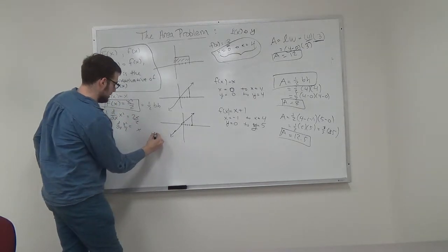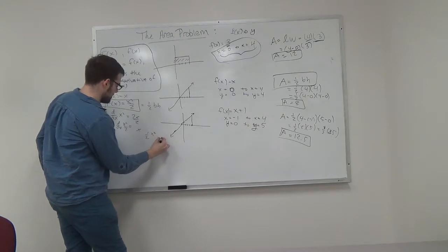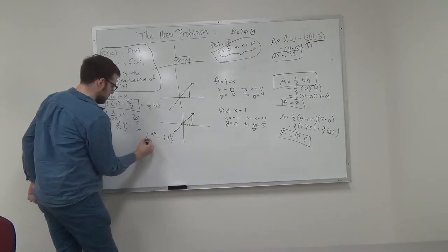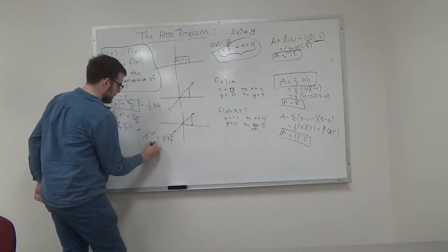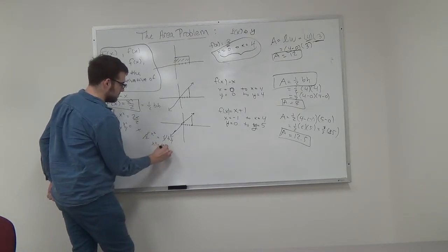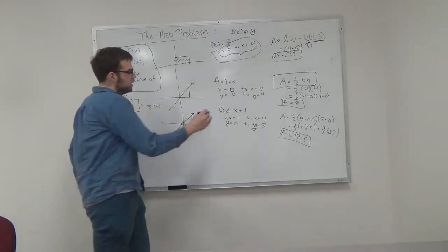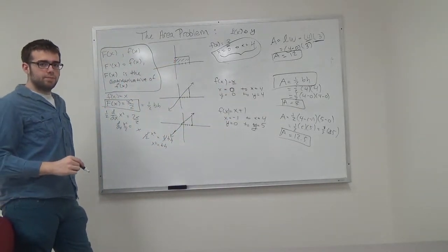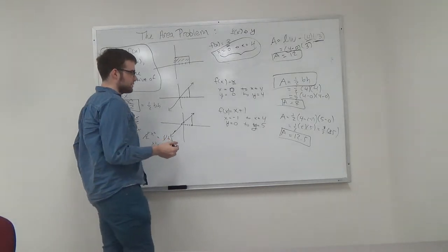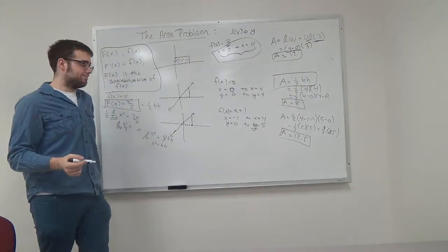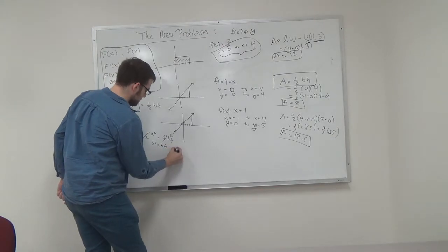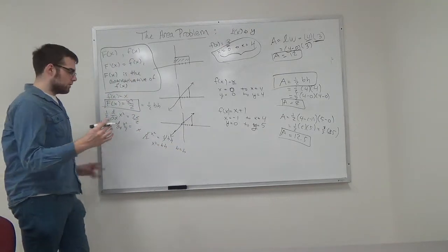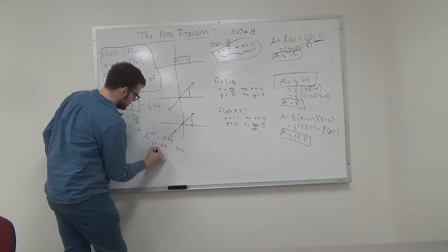So let's rewrite this as 1/2 x squared is equal to 1/2 base times height. Get rid of these 1/2s: x squared is equal to base times height. Now we have f of x is equal to x, so y is equal to x. Base is equal to height, so we can replace base with height or height with base.